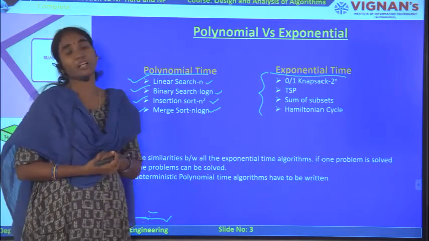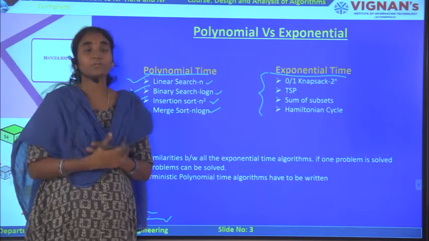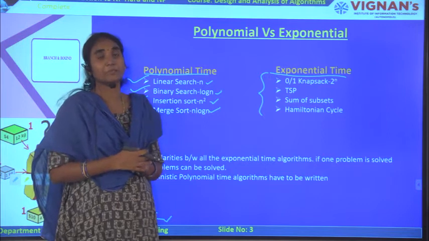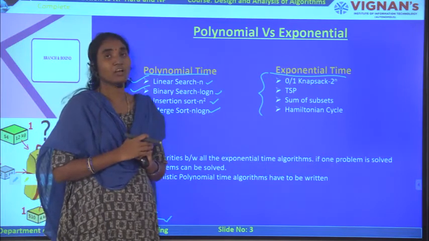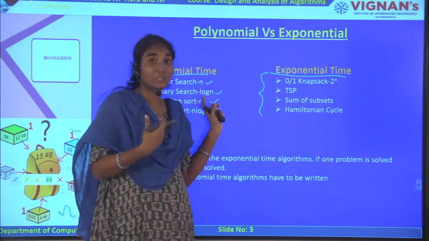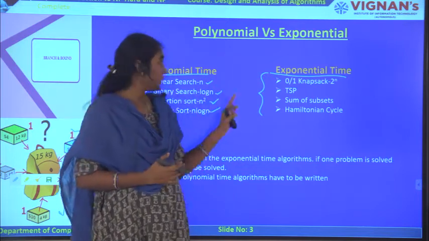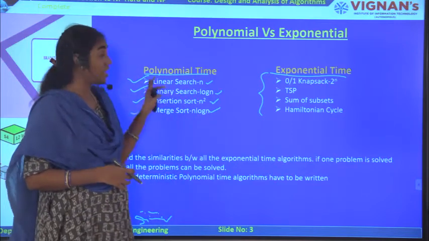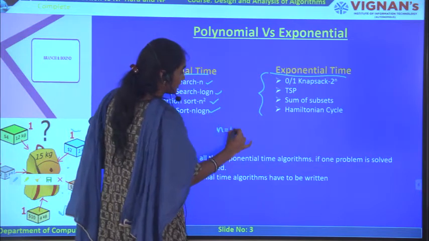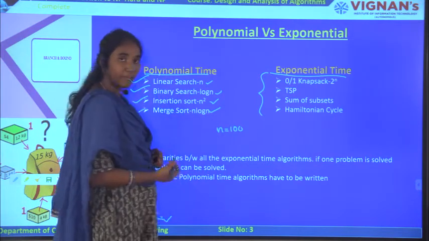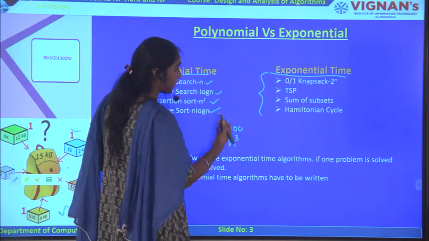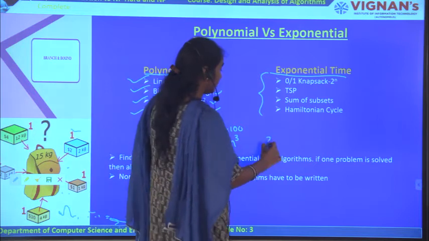In practice, when you solve a particular algorithm within polynomial time, that is the best one, whereas solving within exponential time takes more. Comparatively, polynomial is less. For example, let us consider n is equal to 100, and I have a polynomial time n cube and, under exponential time, 2 power n.